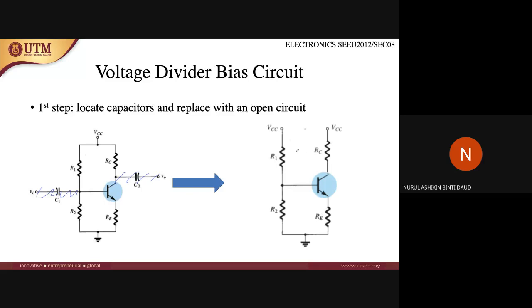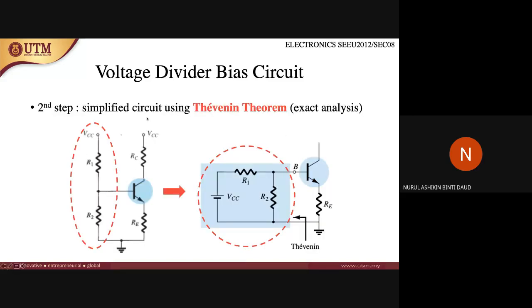Next, what you should do is simplify this circuit using Thevenin theorem at this part. Thevenin theorem is also known as exact analysis. First of all, we need to focus on this part only.